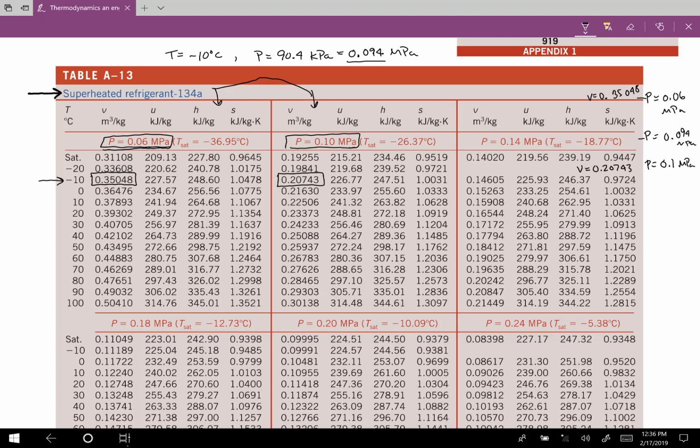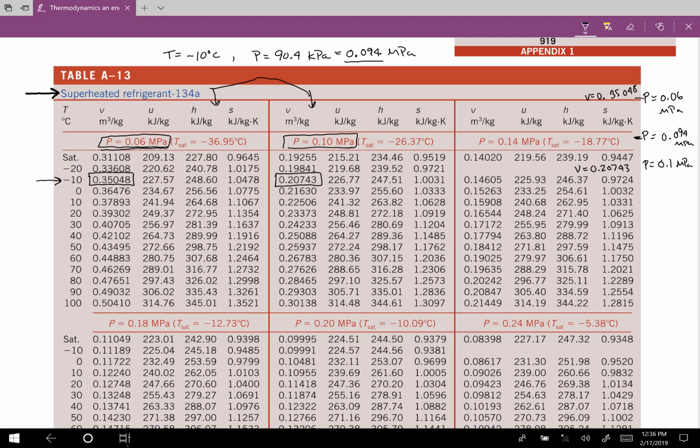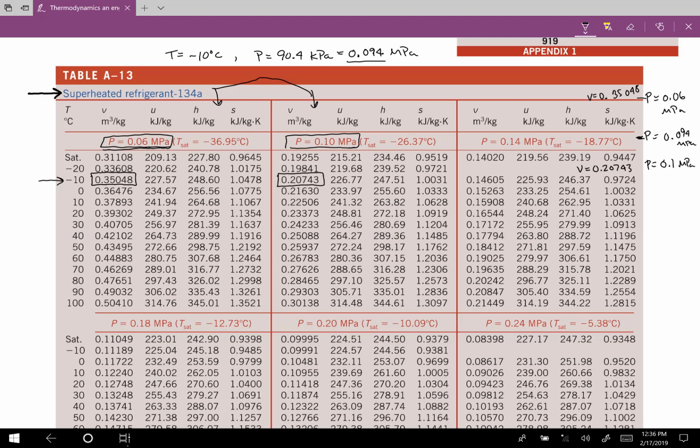Since our pressure is 0.094 megapascals, our specific volume has to be somewhere between 0.35048 and 0.20743.